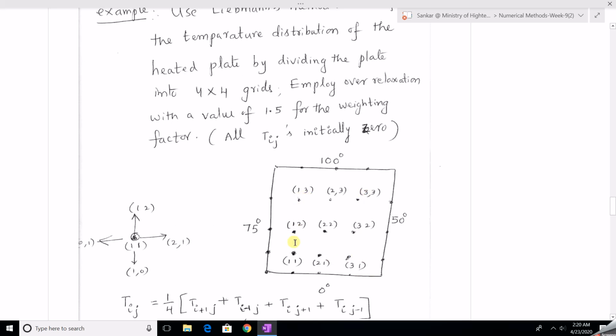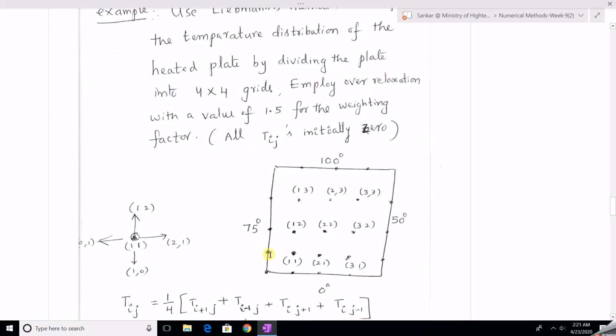So here on the edge, if we take this point as 0 0, this point will be 1 0. That means we are moving along the x-axis 1 unit. This point on the edge will be 2 0, this point will be 3 0, and this point will be 4 0. Next, on this edge, this point is 0 1 because there is no change in x, but there is a change in y of 1 unit.